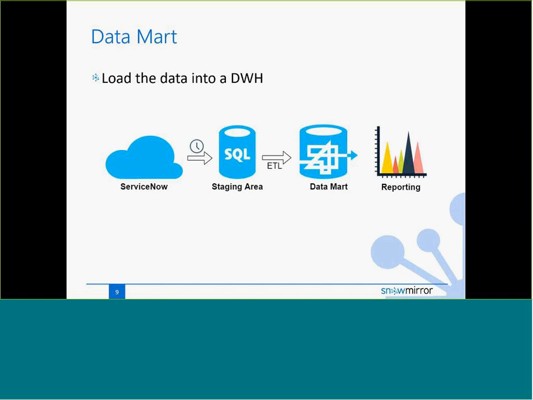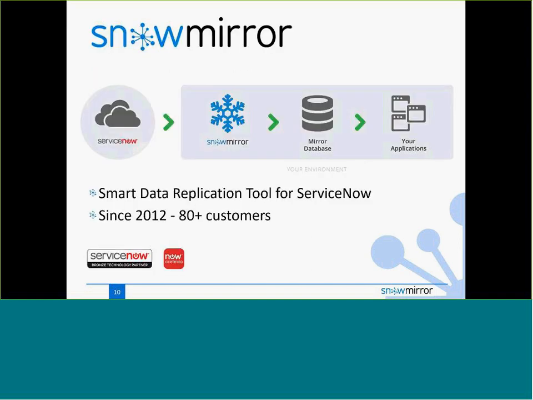But then you have another stage of ETL jobs to load the data into this data warehouse. And then you use those data structures for reporting. So these are the approaches that could be taken when working with cloud data.